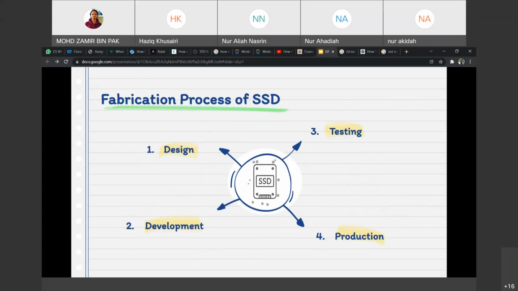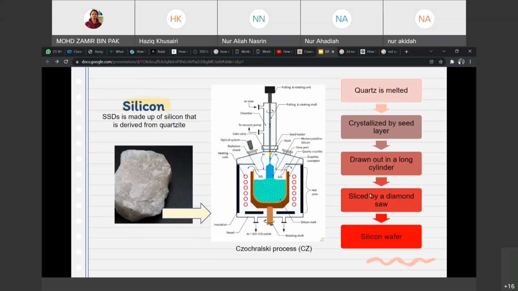Okay, now I'm going to explain about the fabrication process of SSD. There are four main processes to fabricate an SSD, which are design, development, testing, and production. Next slide. So an SSD is made up of silicon that is derived from quartzite, specifically sand, that has been purified and fused by nature.